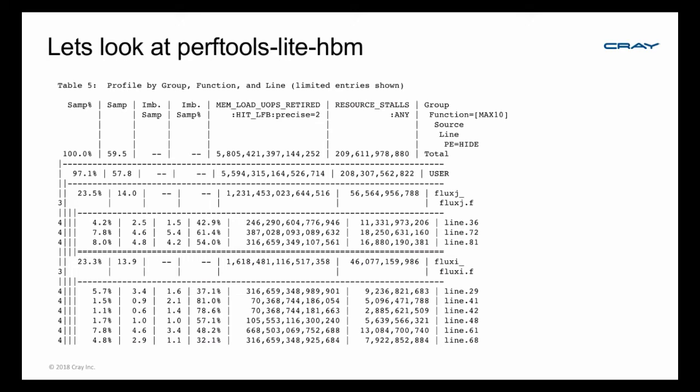Now, what we're seeing here is a list, and this is sampling, showing us at the line level what lines in the program are getting the most faults in the last level cache. In other words, those numbers tell you how many times the CPU asked for a variable and it wasn't in the last level cache.